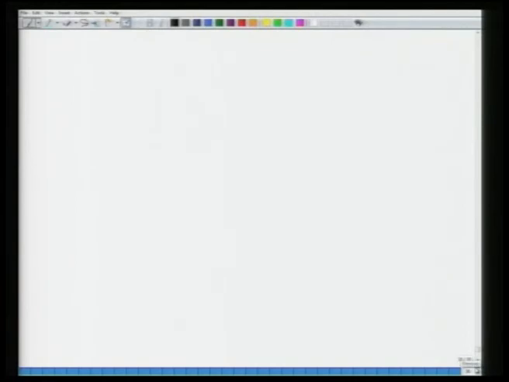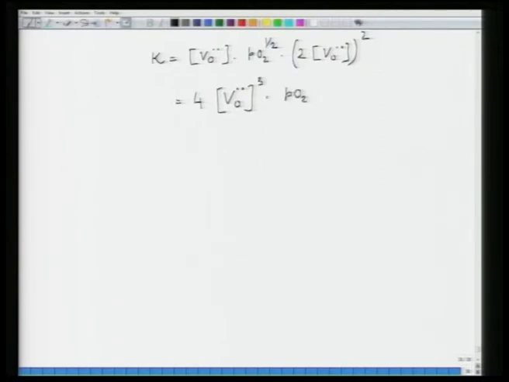So I can write K was equal to VO into PO to the power half multiplied by NE square. So I can write that as 2 VO square. So this would be equal to 4 VO cube into PO to the power half.